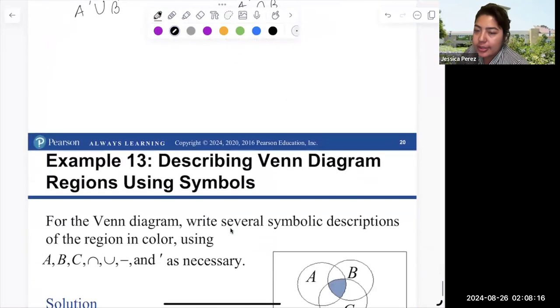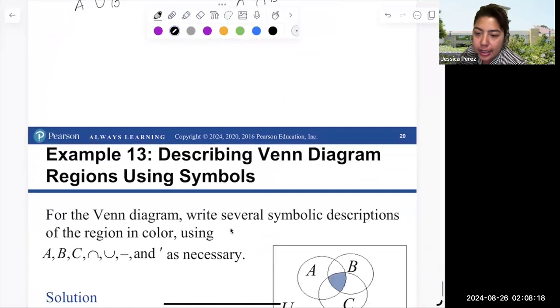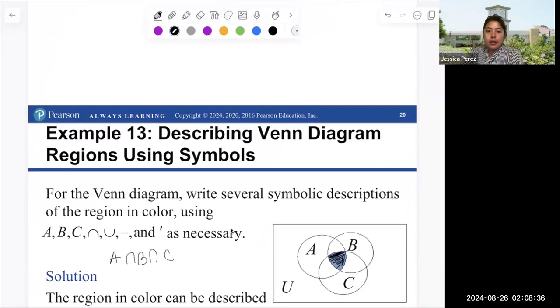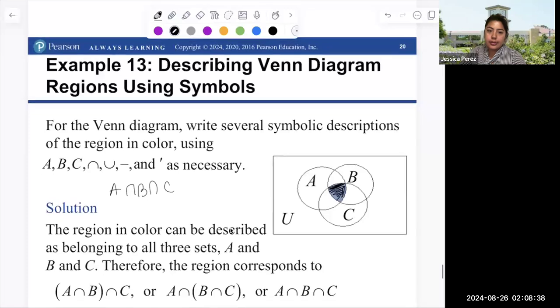Example 13, describing a Venn diagram using the region. Well, let's look at this. What do I see of all of them? This is not A, not B, not C, but it's actually the intersection between all of them. This is where they all intersect. So this would be A and B and C, where they all intersect.